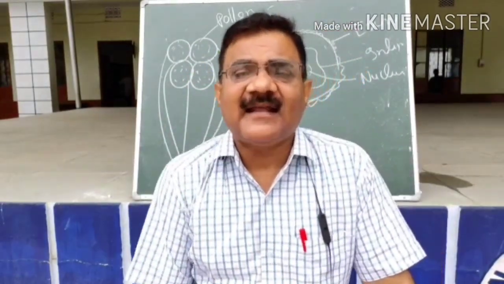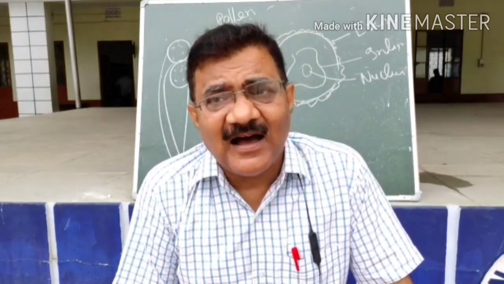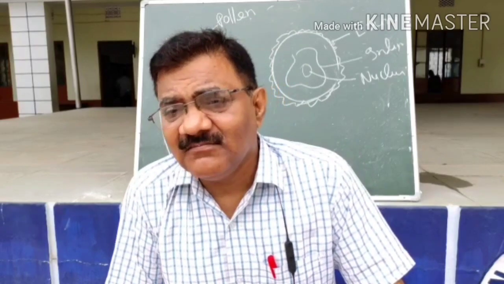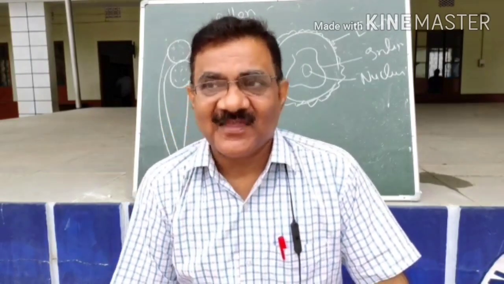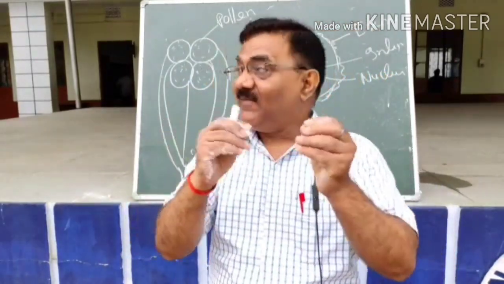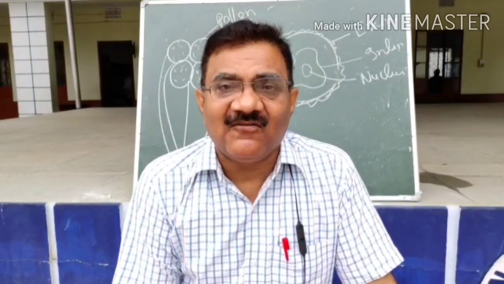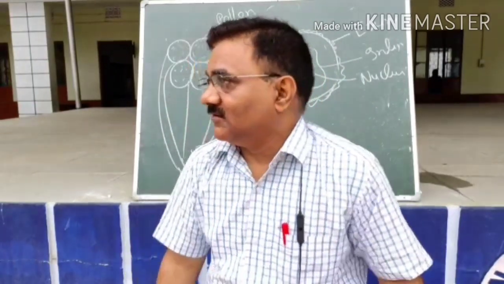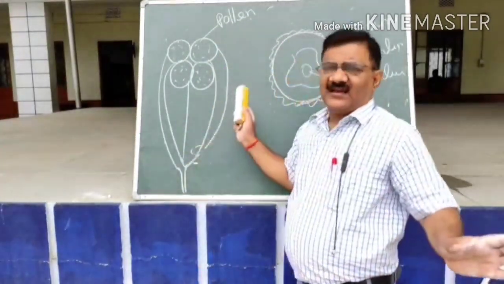That transfer of pollen grain from anther to stigma of the flower is called pollination. And after pollination, the male and female gametes fuse, and after the fusion of male and female gametes, zygote is formed.